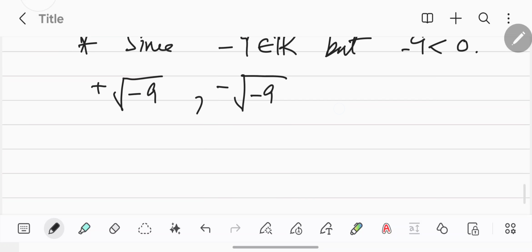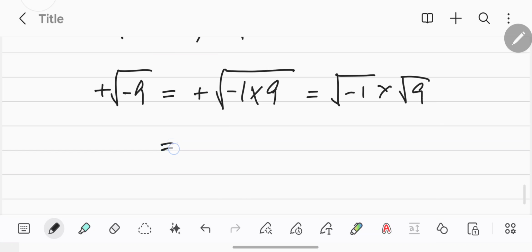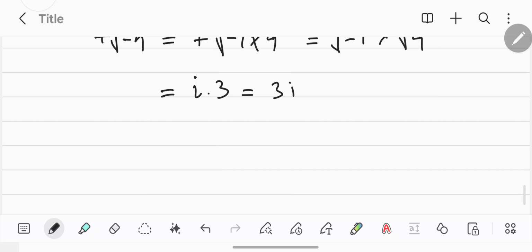First we find plus. You can write negative 1 times 9 inside the square root. Since the square root of negative 1 is iota and the square root of 9 is 3, that means you got 3 iota.